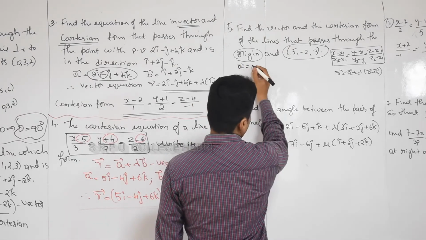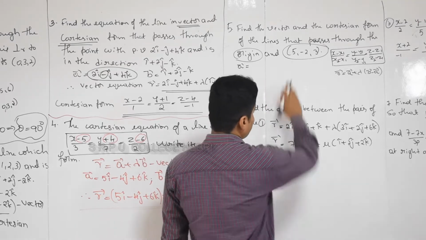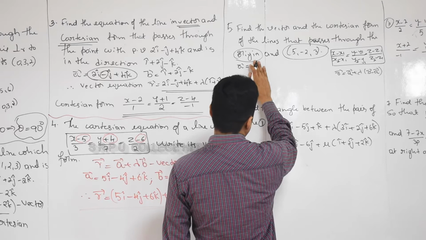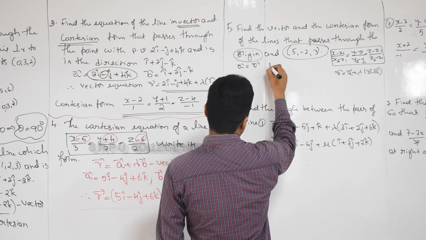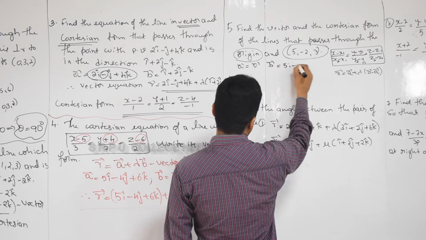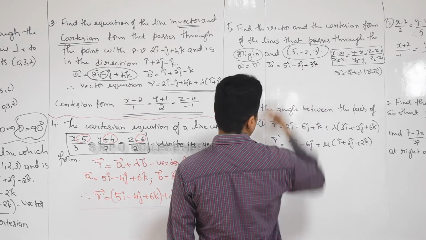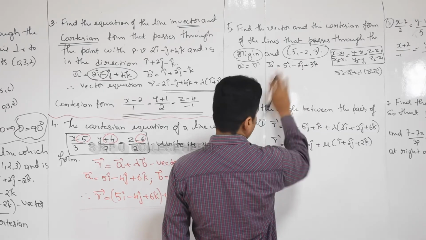So first you write what is vector a. Vector a is the zero vector, since the position vector of the origin is zero vector. Vector b is equal to 5i minus 2j plus 3k. Next, b minus a is just b, so nothing to worry.